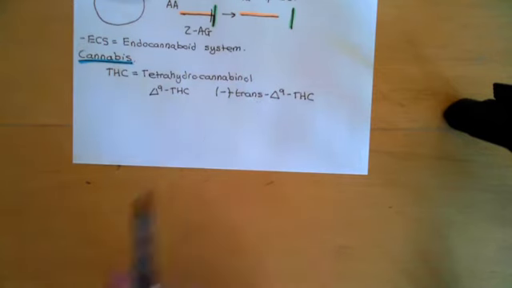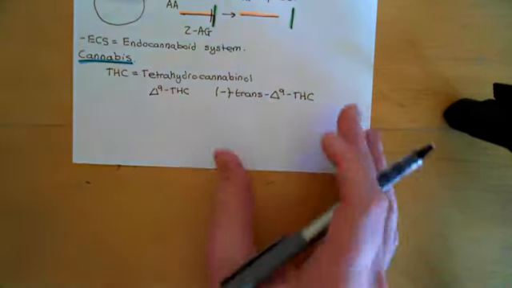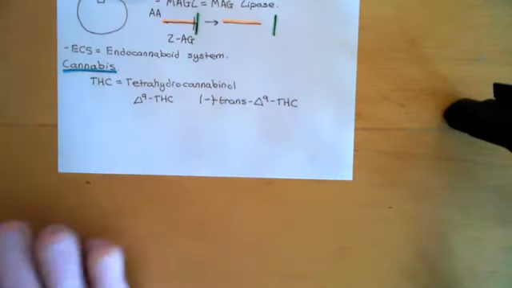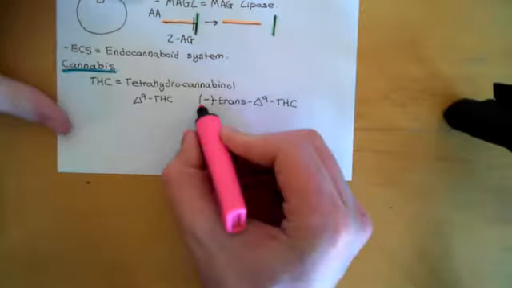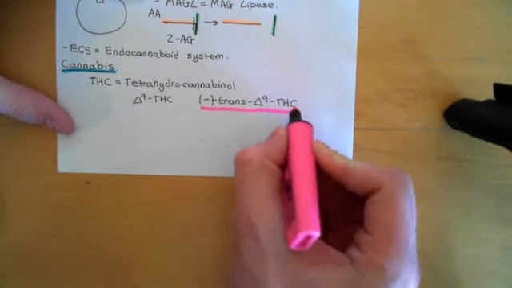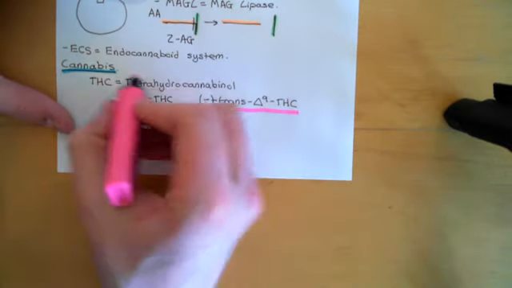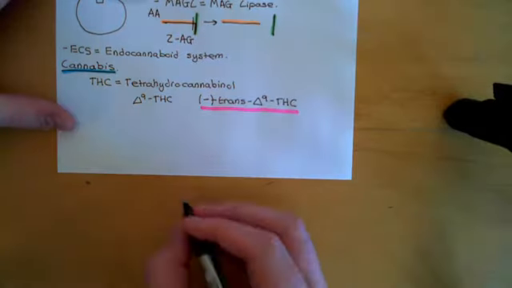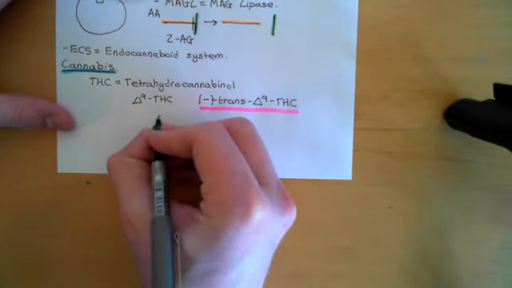So let's have a look at the structure of negative trans delta-9 tetrahydrocannabinol, which is, strictly speaking, the main active ingredient in cannabis. It's strictly speaking this one that is in cannabis and is the main psychoactive ingredient. Okay, right, so let's draw a structure for it then.